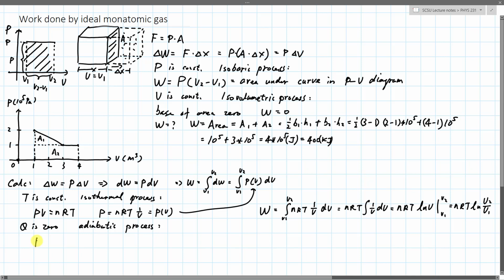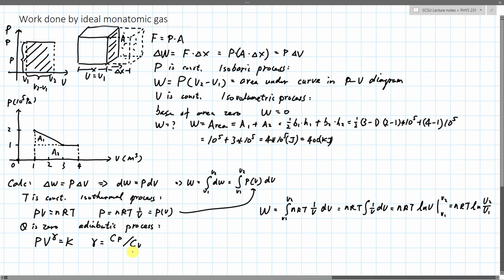In this process, we have a relationship PV to the gamma's power is equal to a constant K. And this gamma is defined as Cp over Cv. So Cp is constant pressure specific heat, and the Cv is constant volume specific heat.